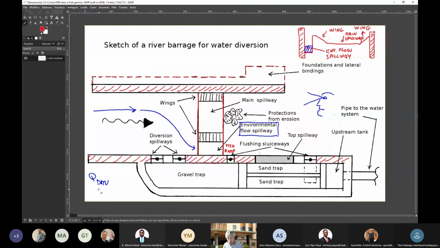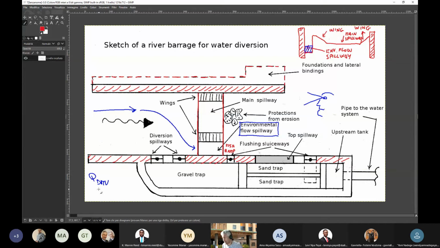And in this case, you want it very large because you don't want to constrain the high flow in a small weir, because if you constrain it, it means that you are causing a significant water elevation upstream. And we don't want that. During floods, we don't want the barrage to originate a significant increase of elevation upstream. Okay, so the environmental flow spillway is small, the main spillway is large.